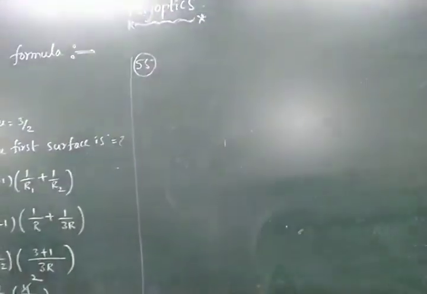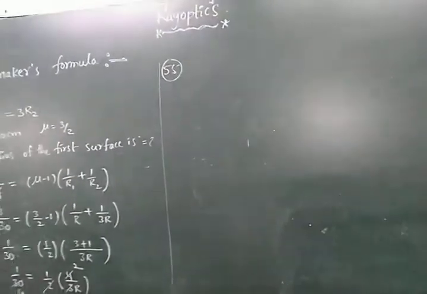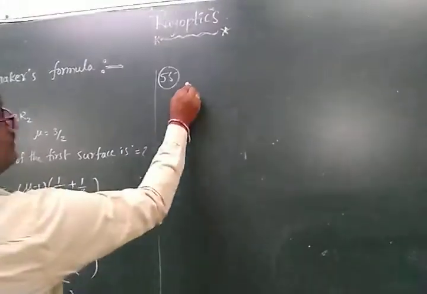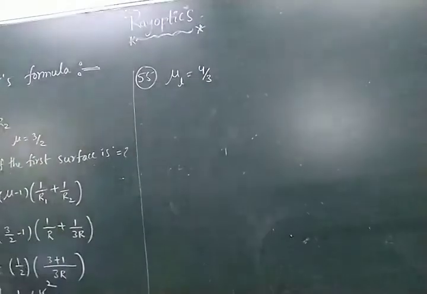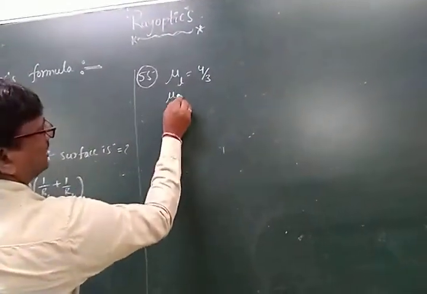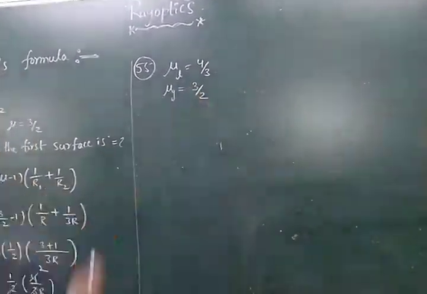Next, see question number 55. A thin liquid convex lens is formed in a glass. The refractive index of the liquid is 4 by 3, and the refractive index of the glass is 3 by 2.